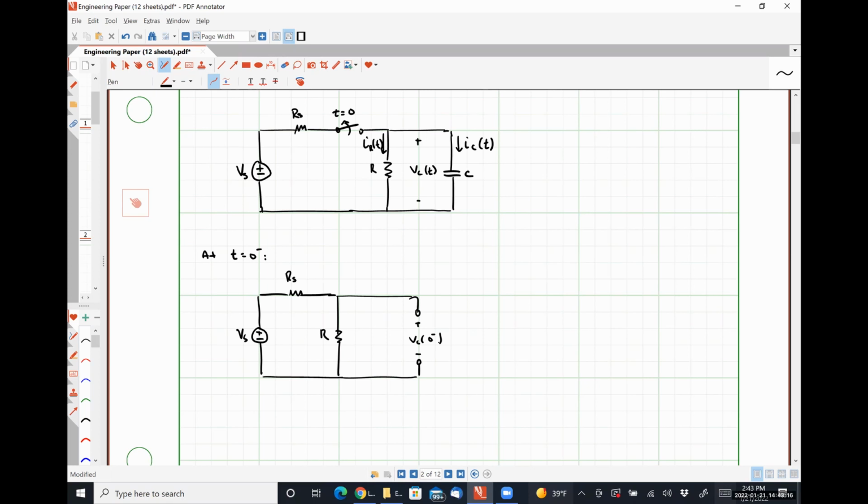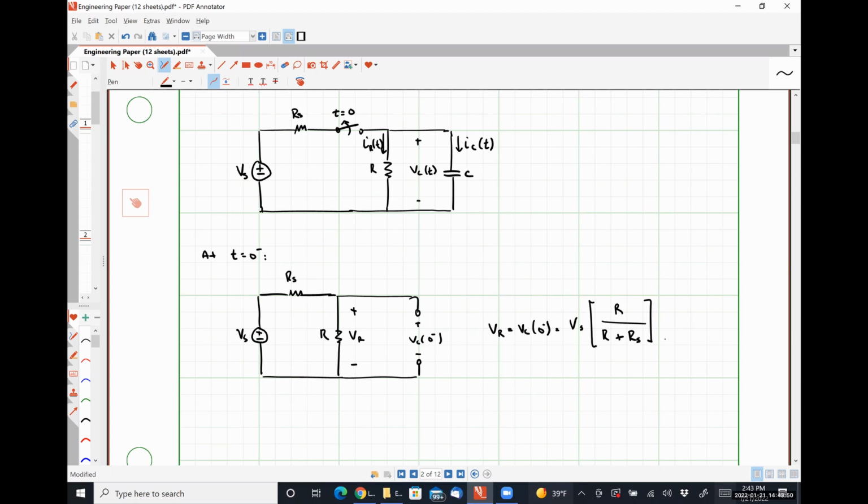We can determine what it is using voltage division very trivially, right? We know that this voltage here, let's just call it VR, which is identical to Vc at 0 minus, would simply be Vs multiplied by R divided by R plus Rs using voltage division. Everybody okay with that?